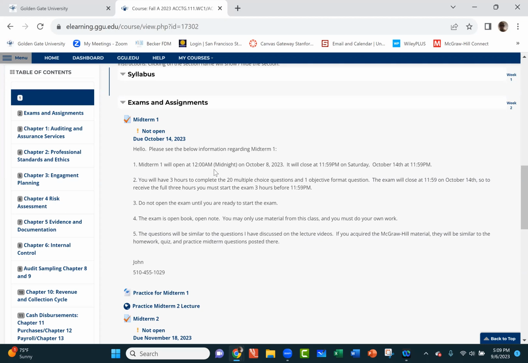Kind of similar to the way the CPA exam is set up, where there are multiple choice questions and then a task-based simulation type thing. That's the way I've set up your exams. 3 hours is lots of time to do what I'm asking you to do, so I would think you should be under no real time pressure to finish the exam within the allotted time.